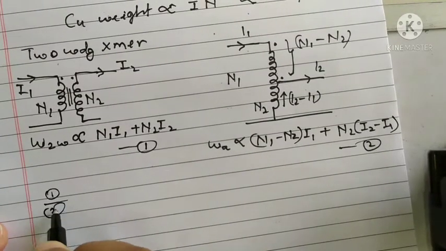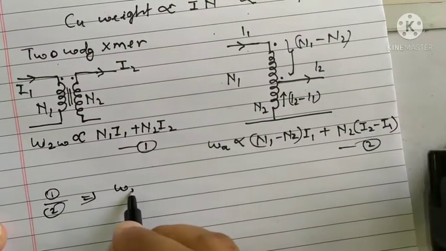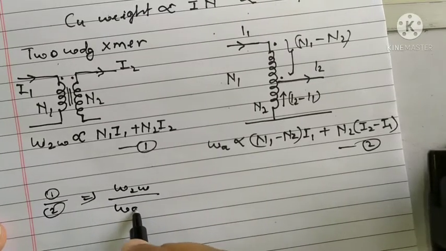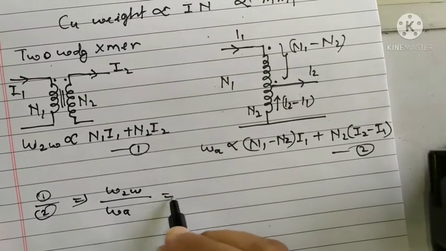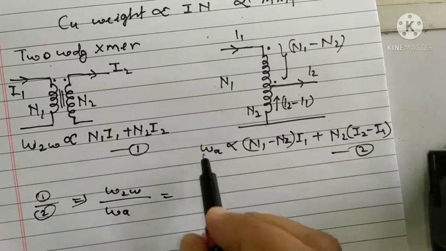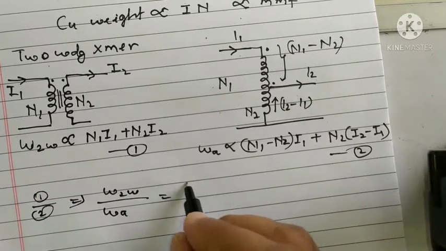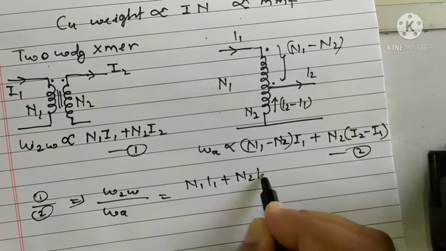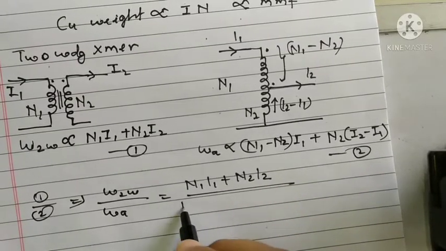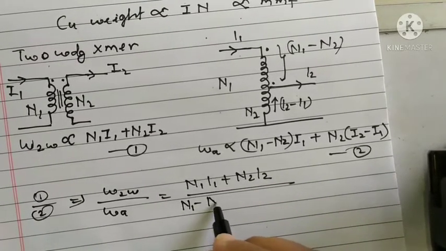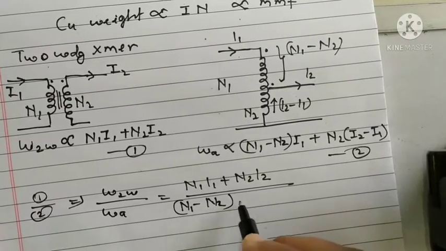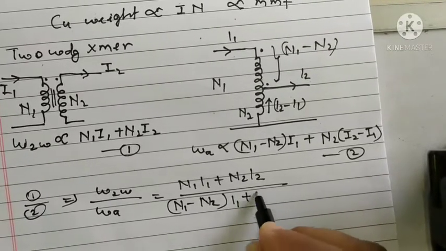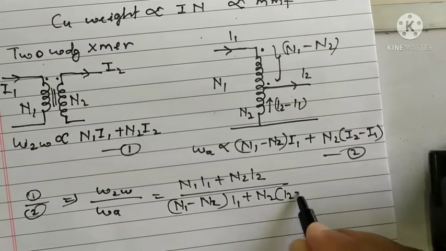1 by 2 will give you W2 winding by W auto. Proportionality will be replaced by equality. It will be N1 I1 plus N2 I2 divided by N1 minus N2 into I1 plus N2 into I2 minus I1.